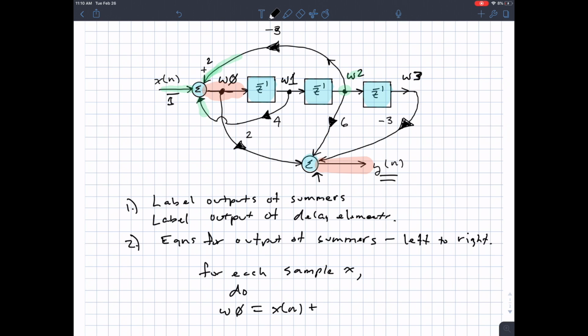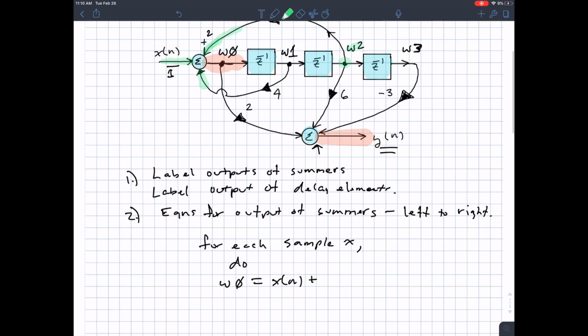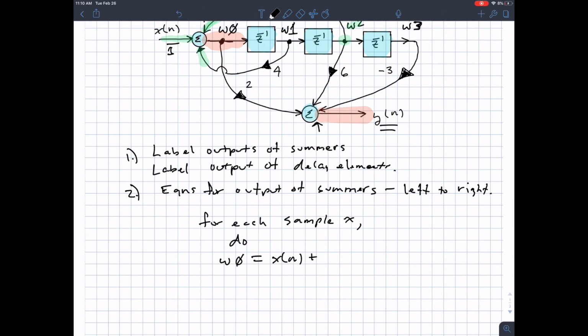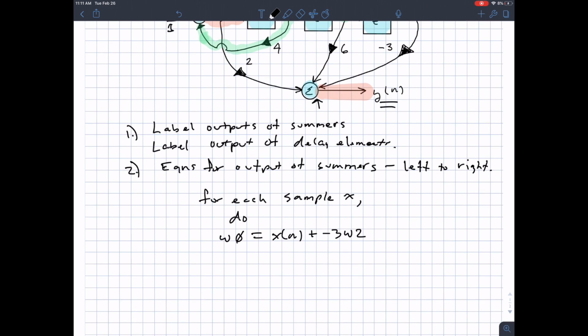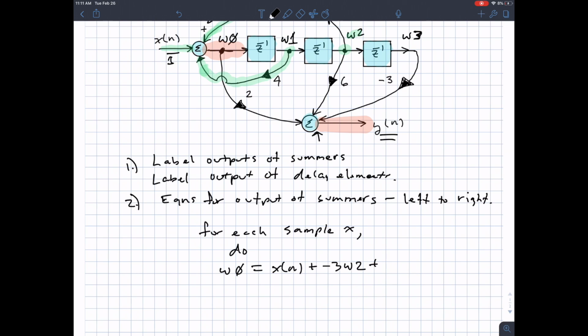The coefficient along the way is -3, so it'd be plus -3 W2. And then the last green line, which comes from W1, goes this way. So that would be plus 4 W1. All right, so we're done with that output.